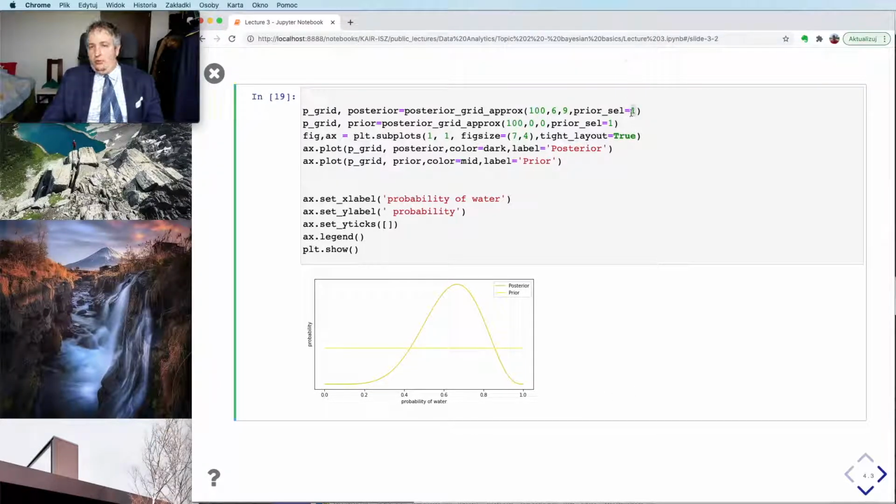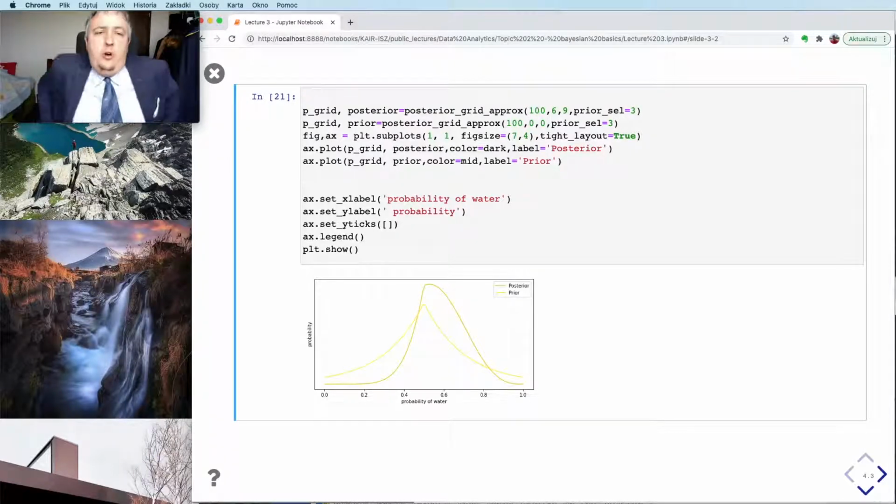If we change to the truncated prior, it will be cut off here, and the same as the prior being cut, the posterior will also be cut here. And if you want to use double exponential, it will look like this.